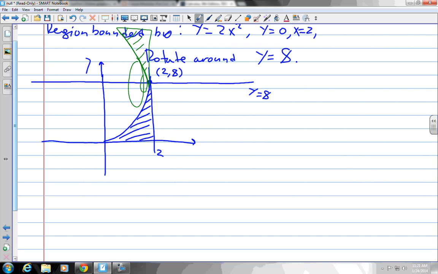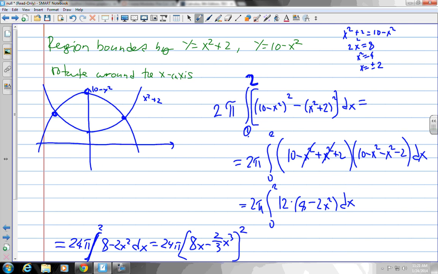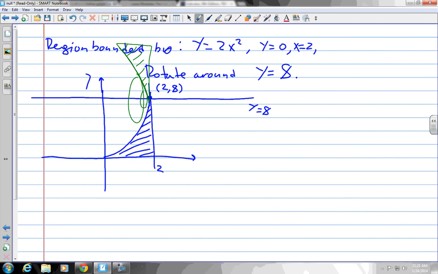Okay? So again, we can just stick to this same idea, whatever the outer radius squared minus the inner radius squared, right? This was what we were doing before, right? This is always the outer function, which gives me the outer radius of the rotation, minus the inner function, which gives me the smaller radius of rotation. You subtract the two.